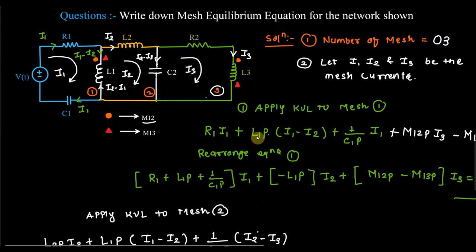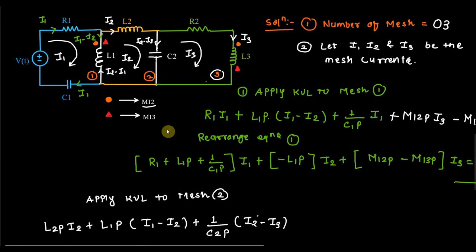Right? So it is I2 minus I3. Now find out, is there any mutual here? Yes. If you see the second mesh, it has L1, and L1 has two dot polarities. One is this one, that is the circle, another is the triangle. So we have to write for that.